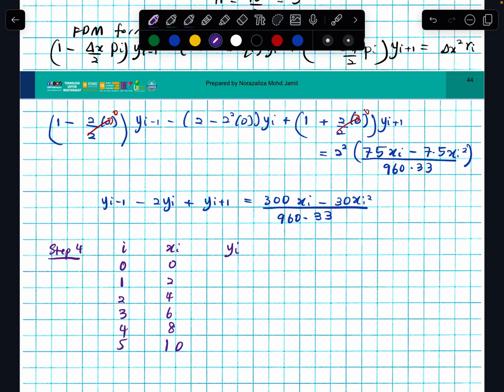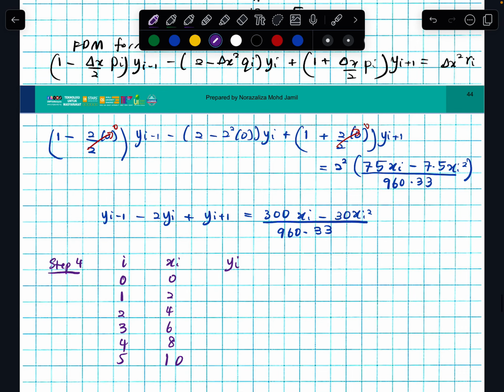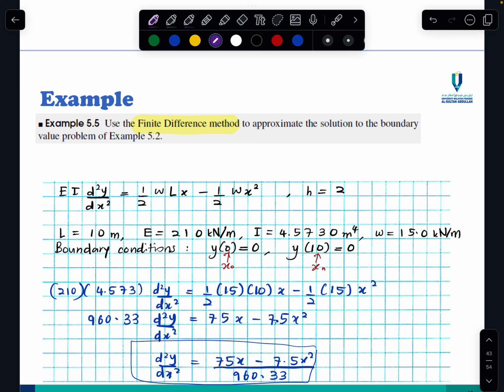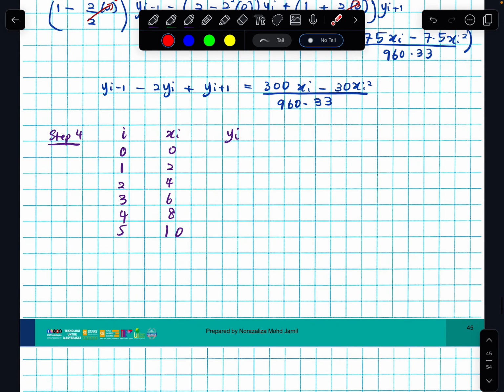Now for yi, the first value when x0, look at the boundary condition. When x is 0, y equal to 0. When x equal to 10, y equal to 0 as well. So you have to find the interior part, y1, y2, y3, y4. Okay?